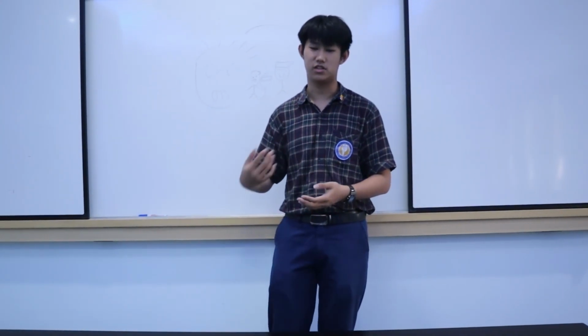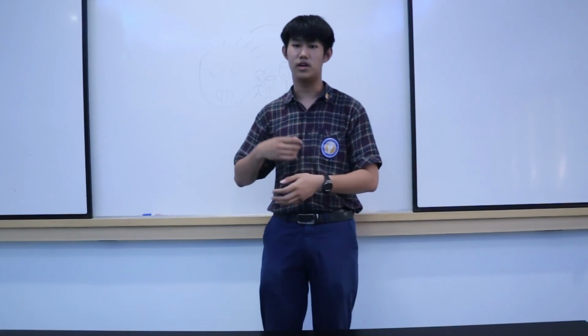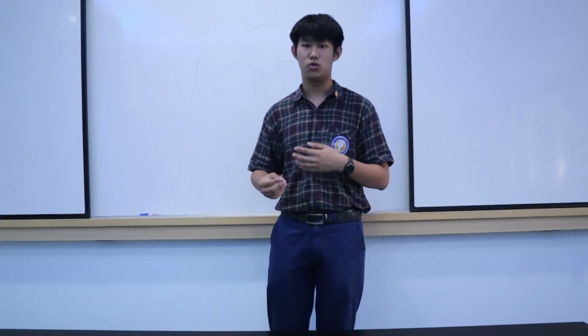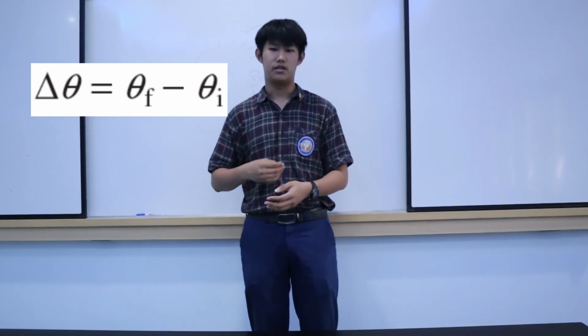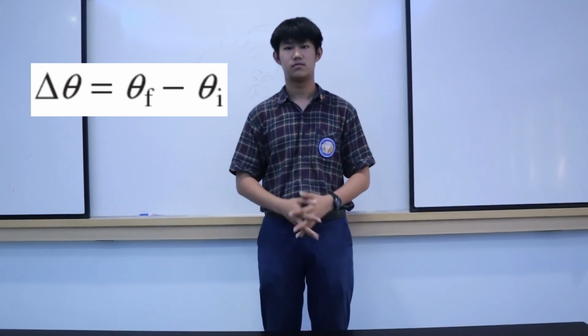First off, some basic terms, which are angular displacement, angular velocity, and also linear velocity, and how they relate to one another. Angular displacement is a measure of how many turns or rotations an object has gone through around a fixed point. It can be summed up to this formula. The unit for it is usually degrees or radians.